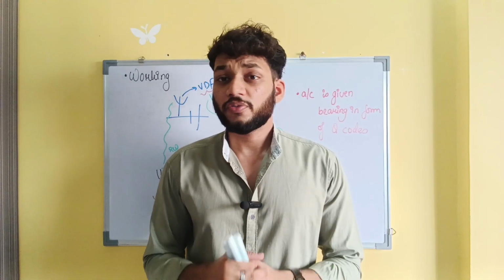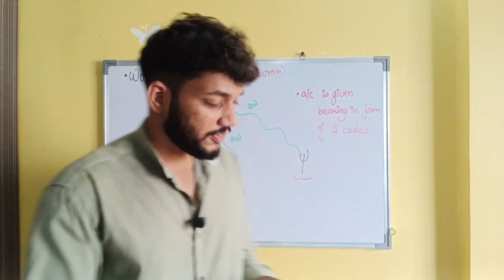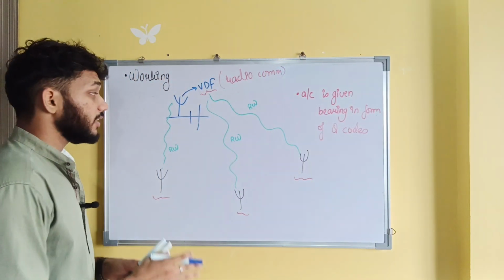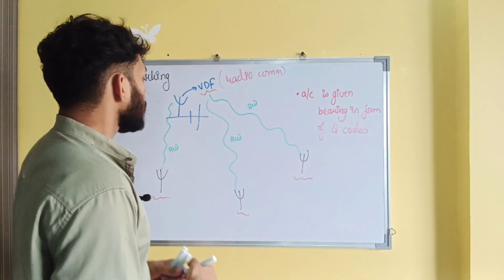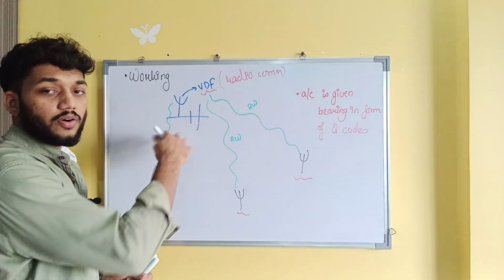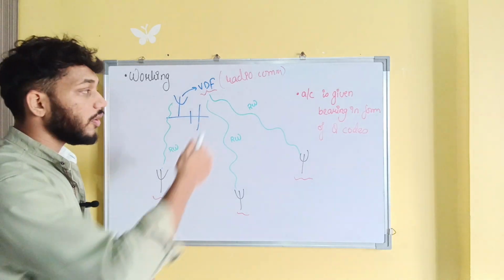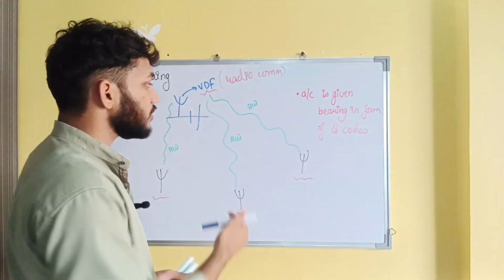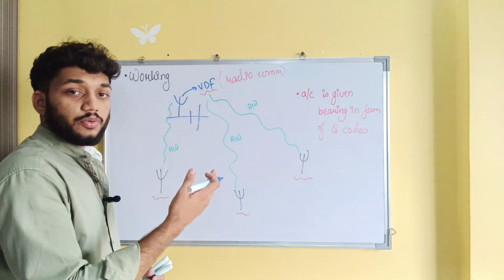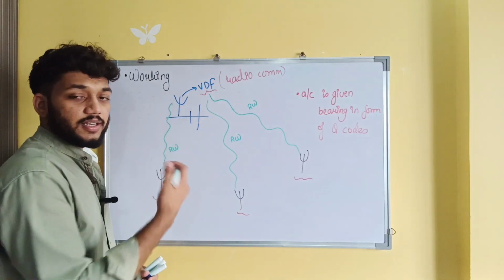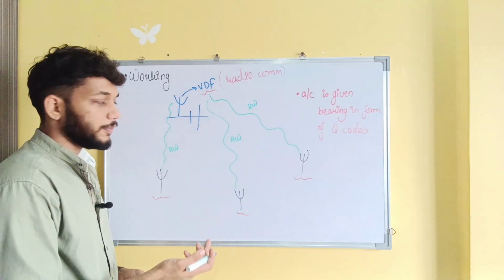Now let us jump on to the working of VDF, and to understand the working of VDF we just have to understand this simple diagram and the whole concept will be clear. So basically what happens is the antenna on the aircraft, which is the VDF antenna or radio communication antenna, we saw that both the antennas are same. So whenever we tune in the VDF frequency, it starts sending signal to the relative airport.